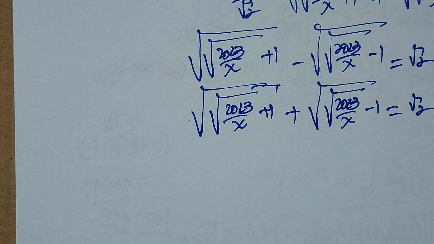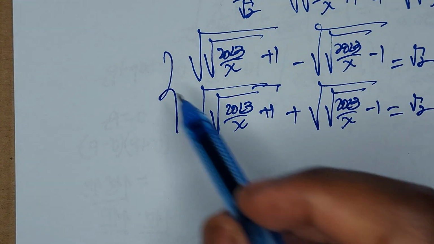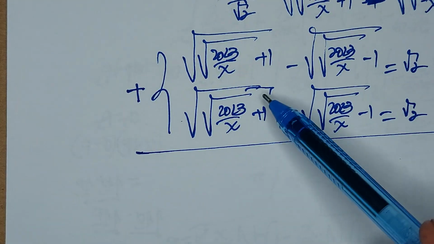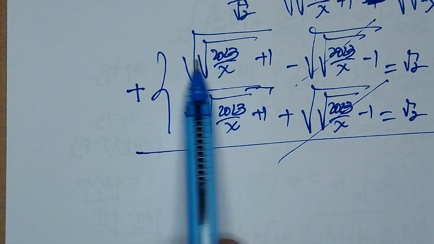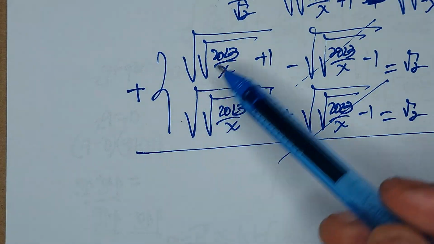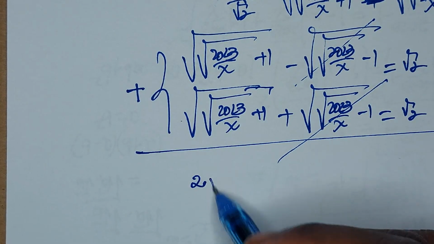So we have our first equation here. Now we're going to sum both. You see that these terms we cut, because it's the second equation plus the first one. So adding these two, we have this.